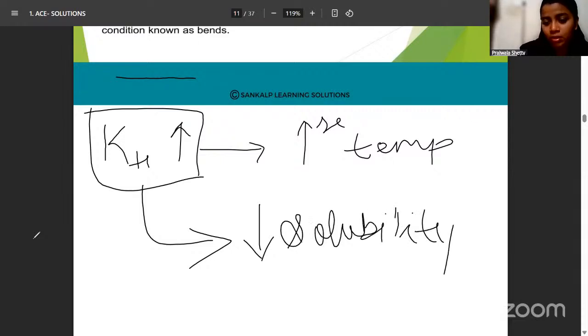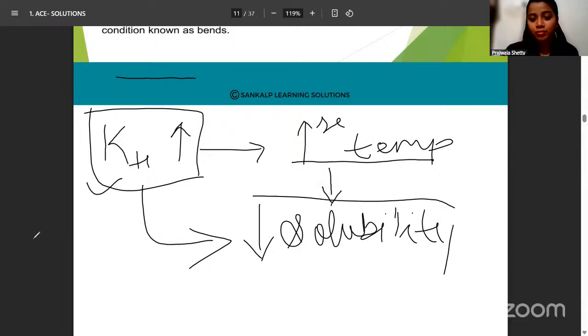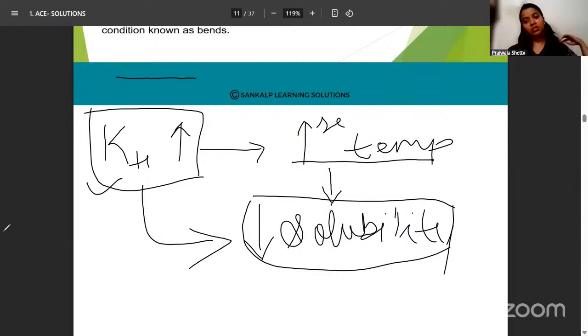So you can remember it as: as KH value increases, solubility decreases. If KH value is increasing, of course temperature is increasing. So these both are interlinked. Increase in temperature leads to decrease in solubility. So remember this point. They'll ask you in some twisted way just for 1 mark.